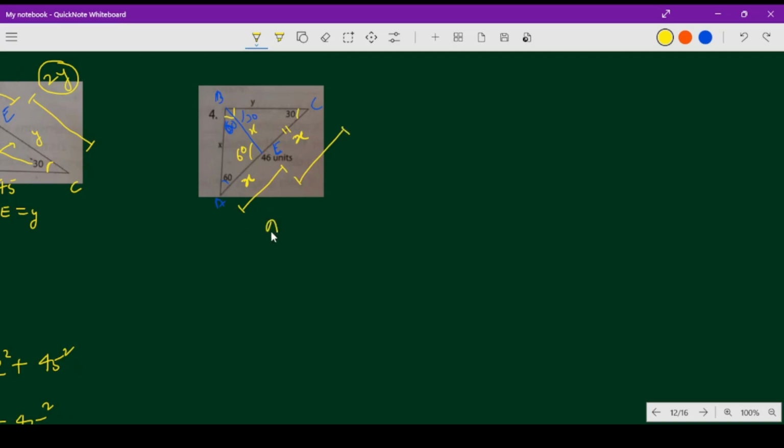So AC is equal to AE plus EC, which is 2x. But given that it is 46, x is equal to 46 by 2, so we are getting the value of x equal to 23.